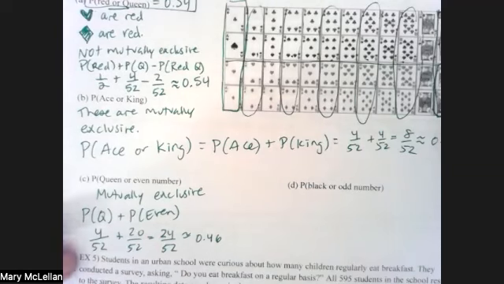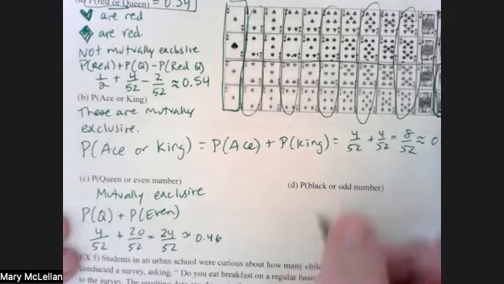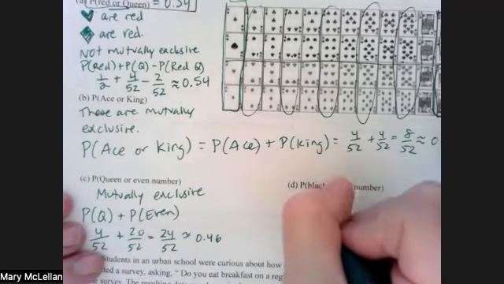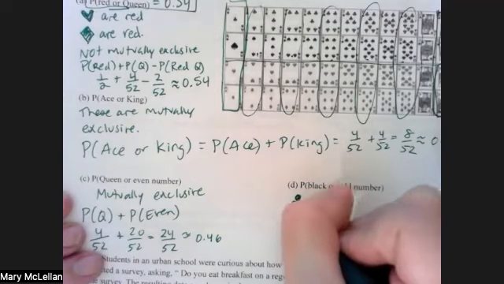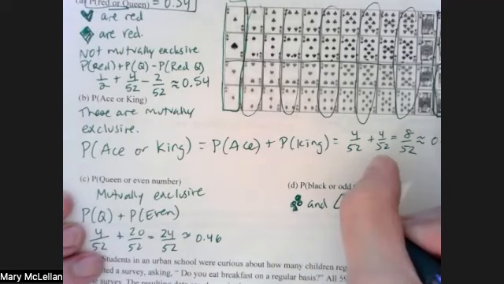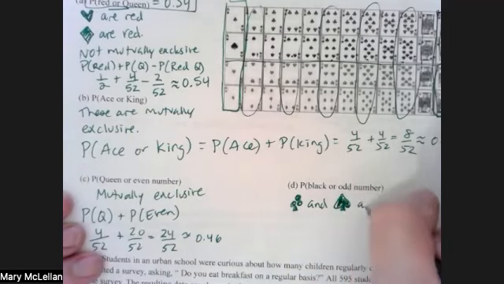Okay, part D, probability that you have a black card or an odd number. We don't have color printing, so I'll show you. Black cards are the little clovers, clovers and spades are black cards.